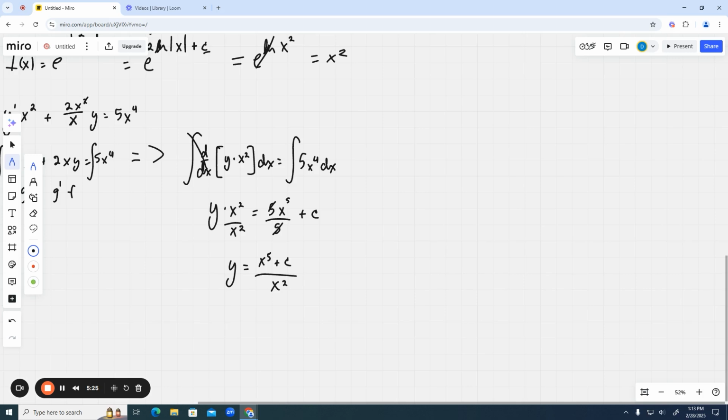From here, we can rewrite this as x to the fifth over x squared plus c times x to the negative 2. That way we can see that these are going to cancel out, meaning that y is going to be equal to x to the third plus c times x to the minus 2.